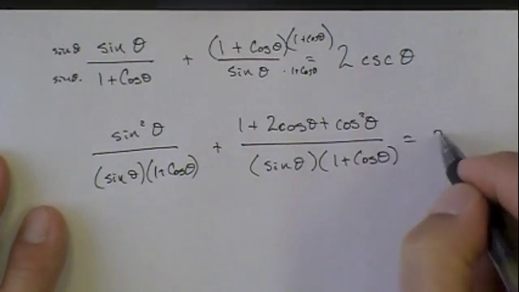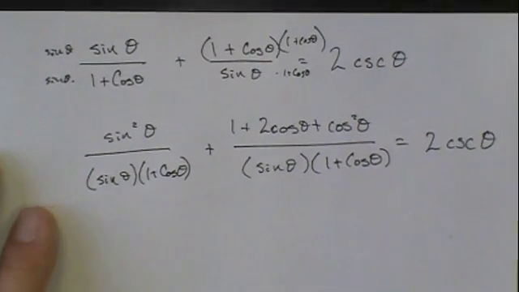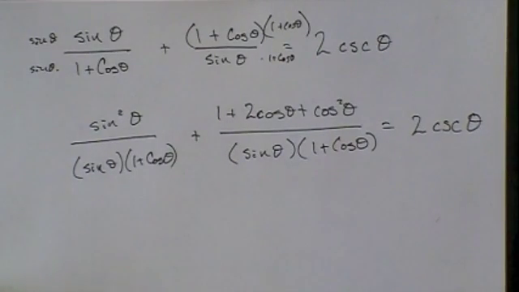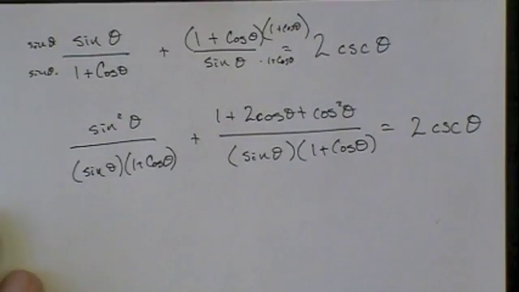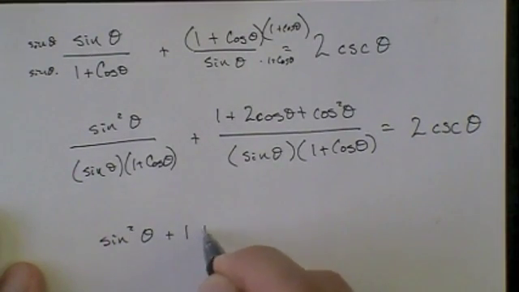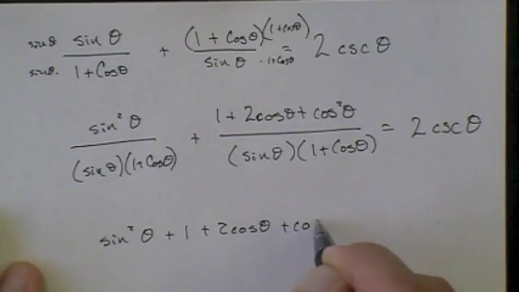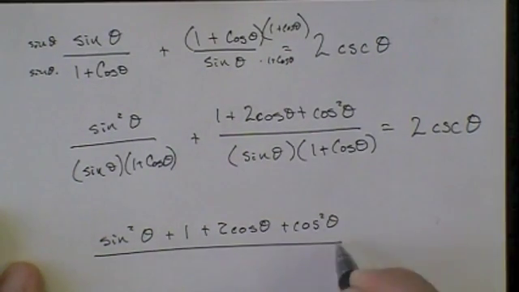And this is all still equal to 2 times cosecant of theta, and we're going to keep that side the same. So now from here, we could write it all as one fraction: sine squared of theta plus 1 plus 2 cosine theta plus cosine squared theta all over our common denominator.